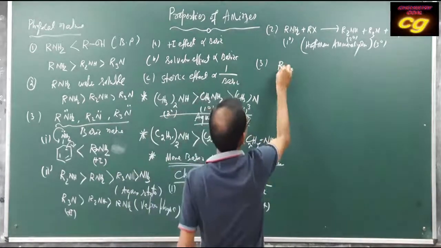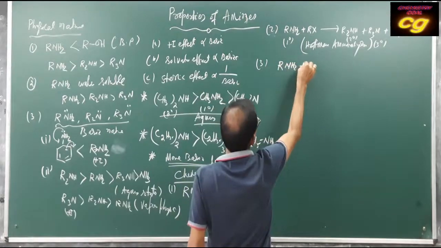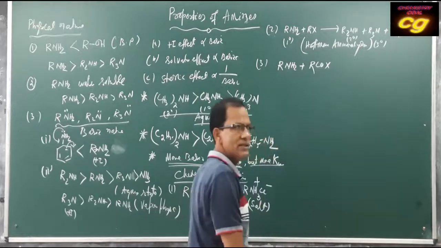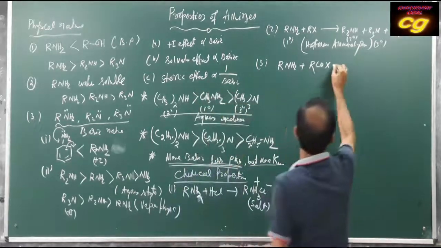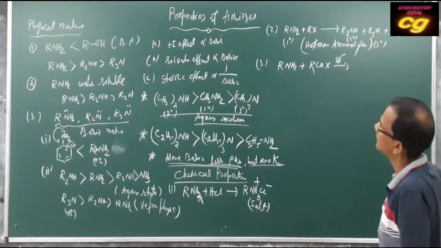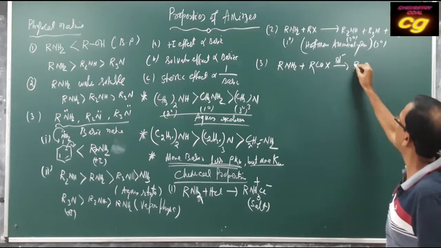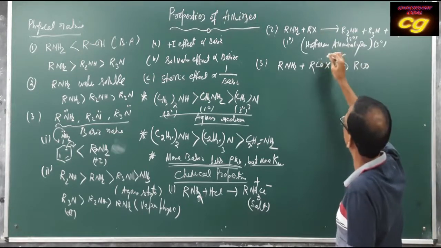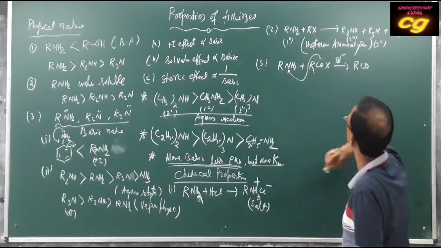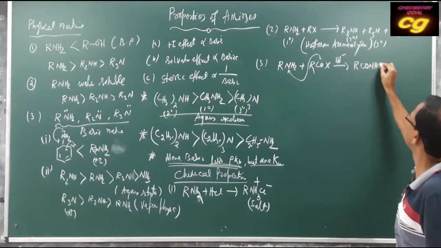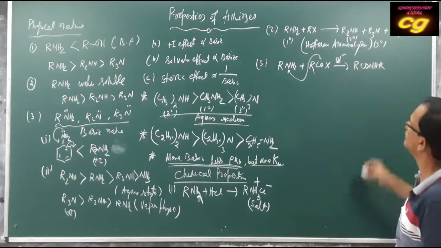This reaction also takes place in case of acylation. If you take primary amine with acid halide, any acid halide if you use, the result will be acylation. This reaction takes place in presence of base. The result is RCO. Here it will attack RCO, and RCONHR is produced, then HX.